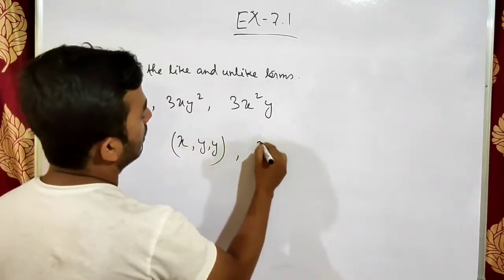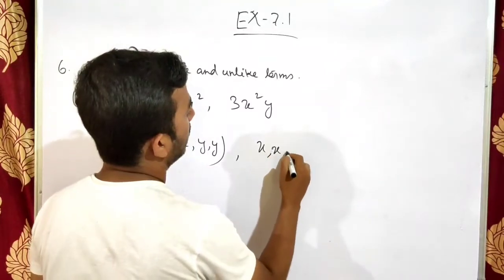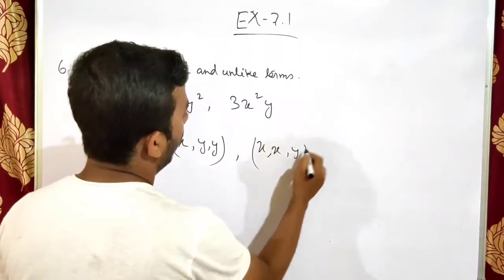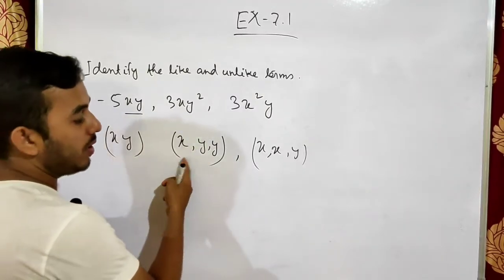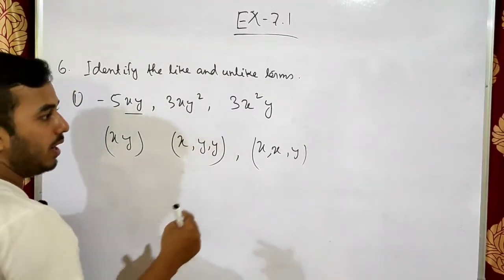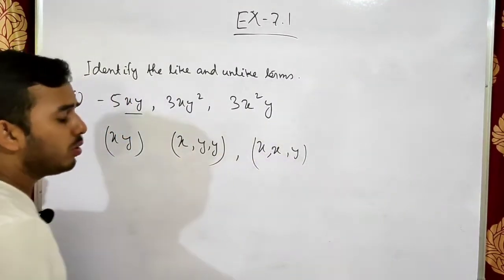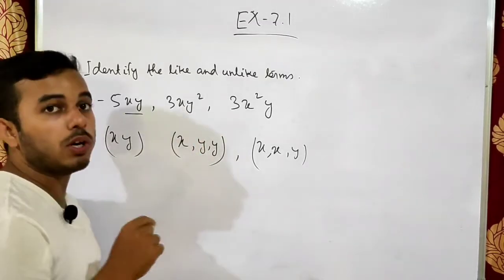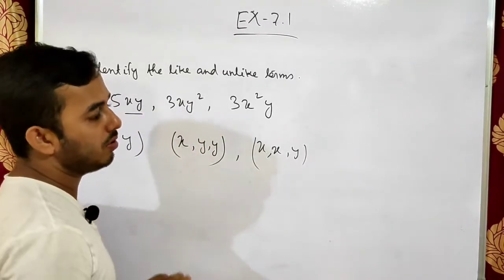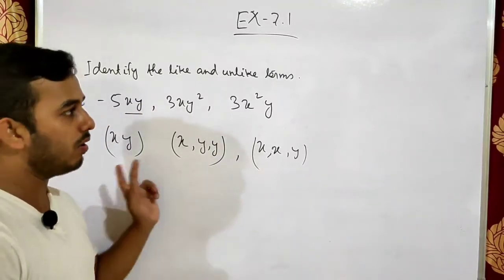And here it is x, x, y. Are all of them the same? The first one is x, y; the second is x, y, y; the third is x, x, y. You may wonder how y, y came: y square means y into y, so I just wrote y, y. So all of them are different.